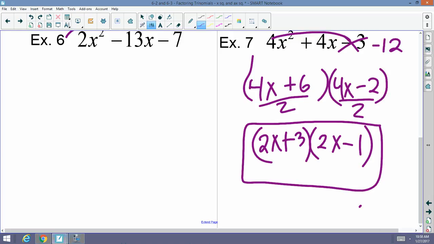Now, there is one warning for you. Sometimes the Cuban method is beautiful. I love it. But sometimes you get to some pretty nasty, huge numbers that make it very difficult to do the actual math. So in that case, it's good to know the box method.